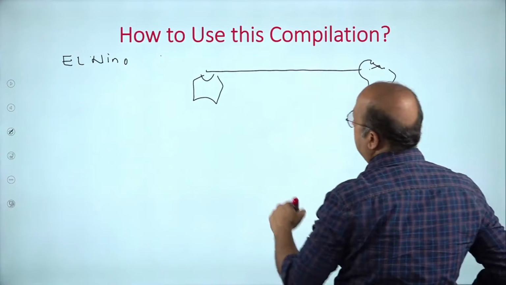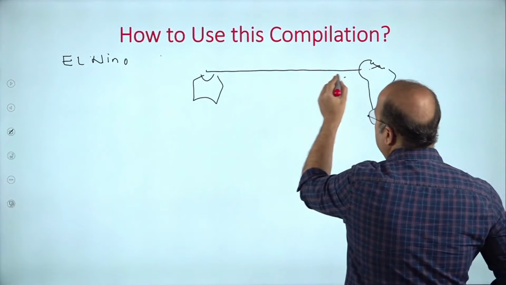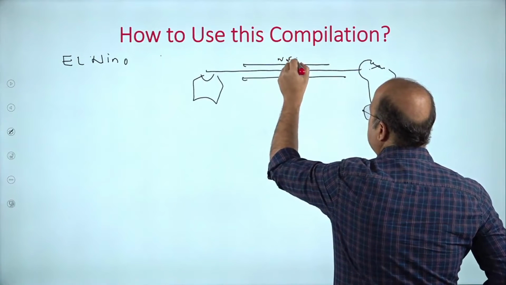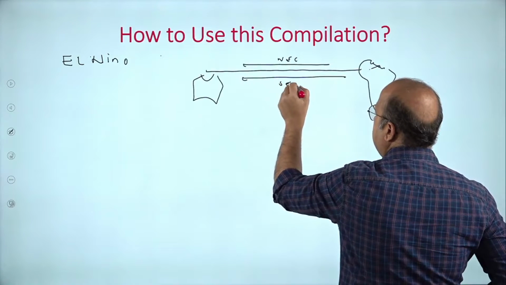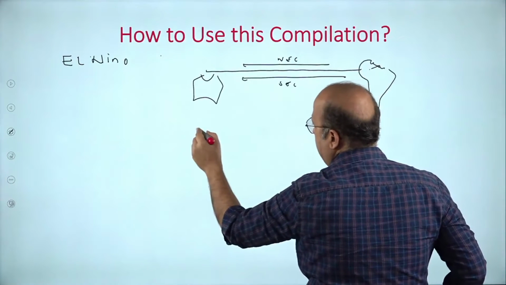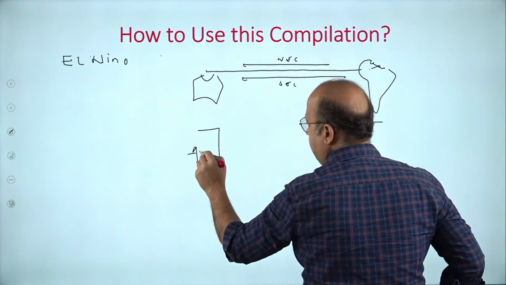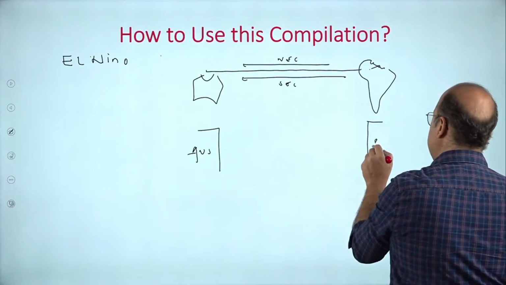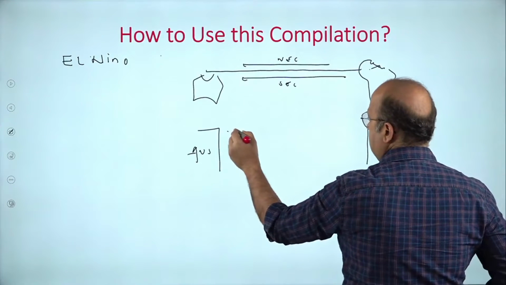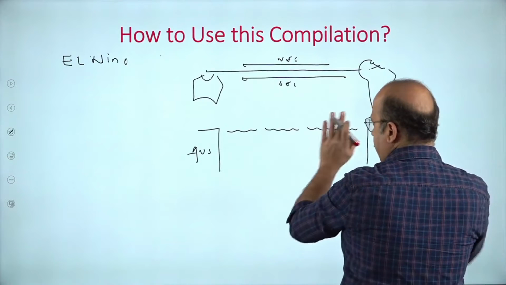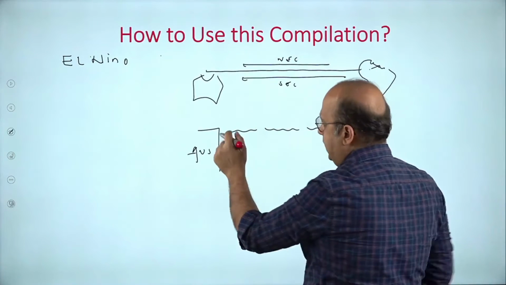We have the North Equatorial Current and the South Equatorial Current, which move this side, and because of that we have upward movement of surface water. So due to this backward movement, the top water is displaced and gets accumulated here.